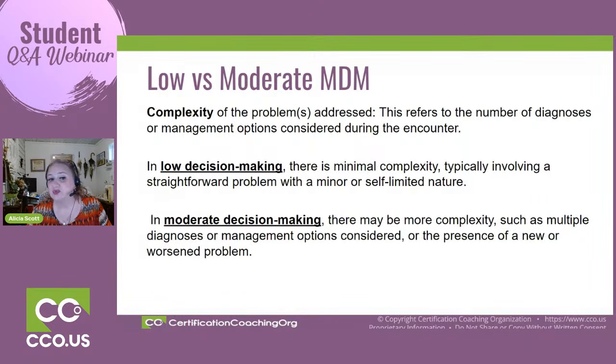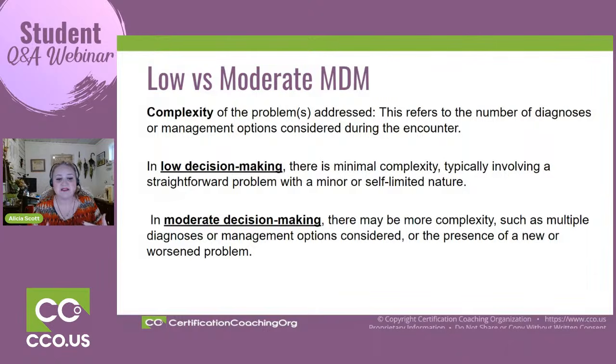If it's an acute diagnosis versus a chronic one, bump. See how those all lead to complexity? The provider has to think more about what is best suited for the needs of that patient based on those things. Now, low medical decision making would be minimal complexity.